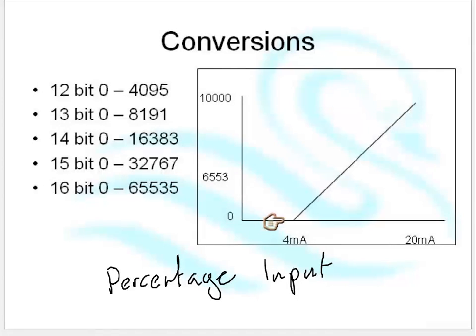What that means is 4 milliamps is stored as 0 counts, and 20 milliamps is stored as 10,000 counts.